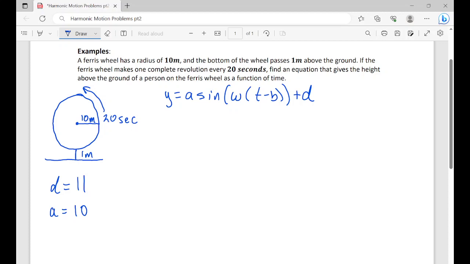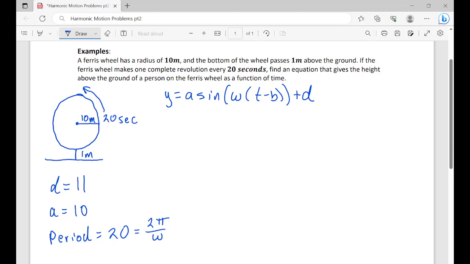Now I know that it takes 20 seconds to complete one revolution. So that's 1 period, 20 seconds. So I could say that the period is equal to 20, and you can find the period by doing 2 pi over omega.